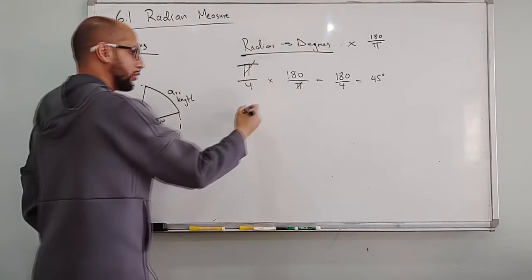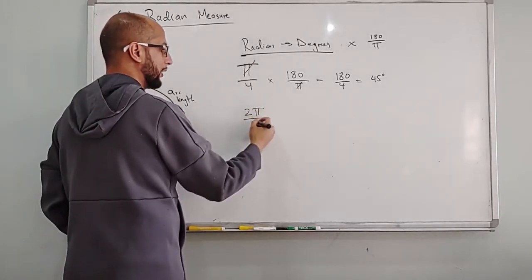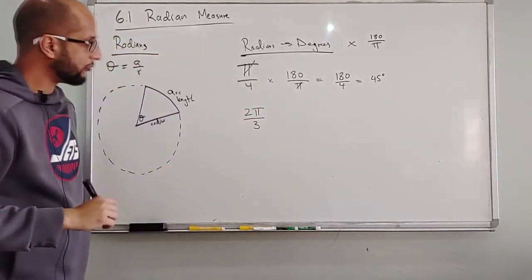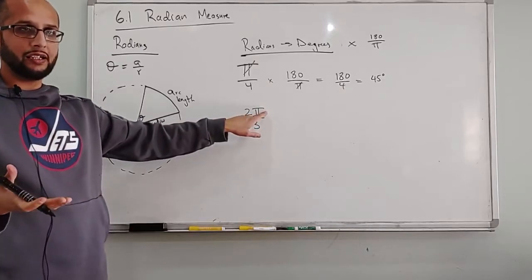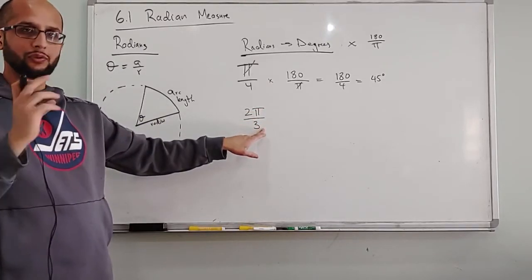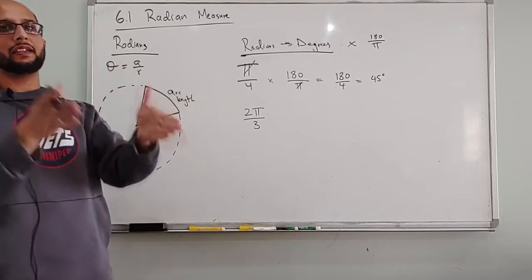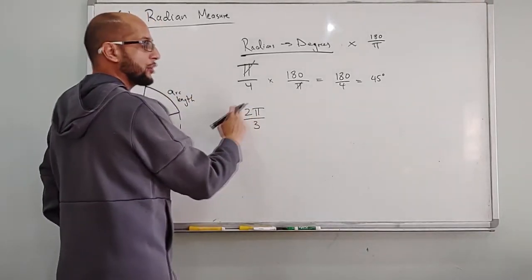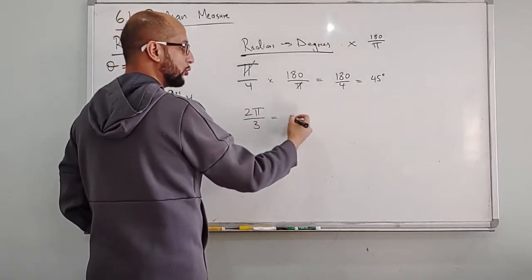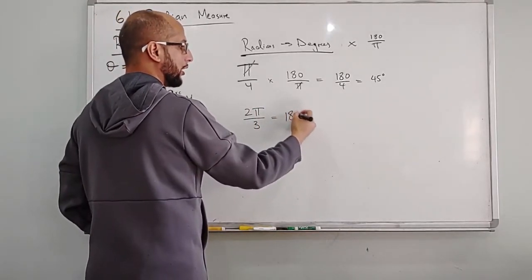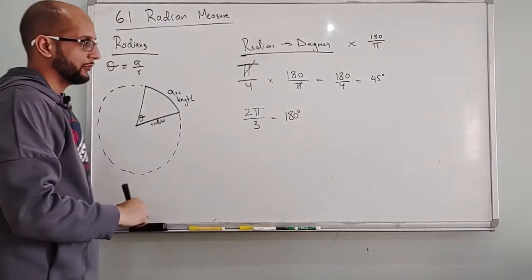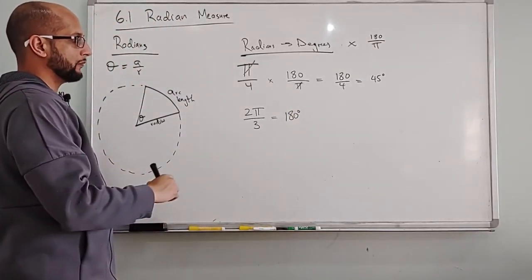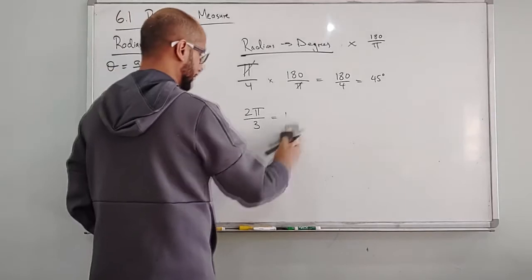Let's take a different approach. Let's say 2 pi over 3. So pi is 180. So 180 divided into 3 parts would be 60, 60, and 60. So pi over 3 would be 60, but then you have 2 of them. So that means two 60s, so 120 degrees, you might say.